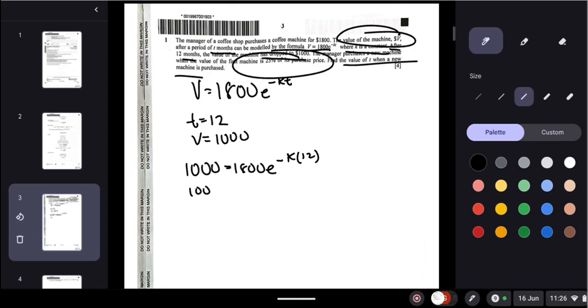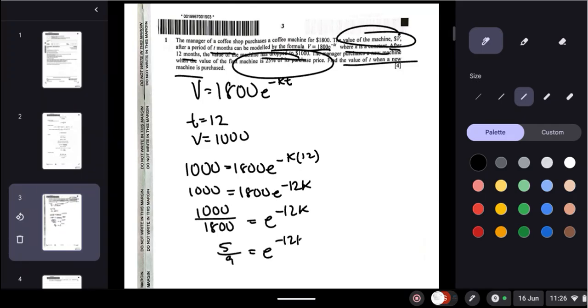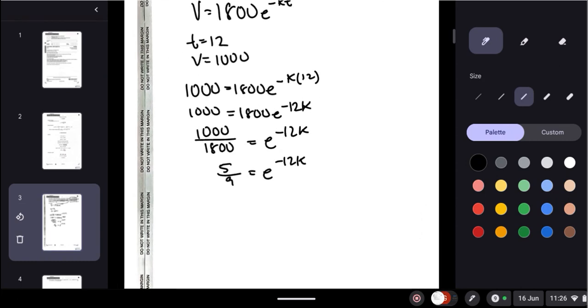So let's rewrite this. Now this is your exponential. So 1000. You ln both sides. Of course, you have to ln both sides to get this.